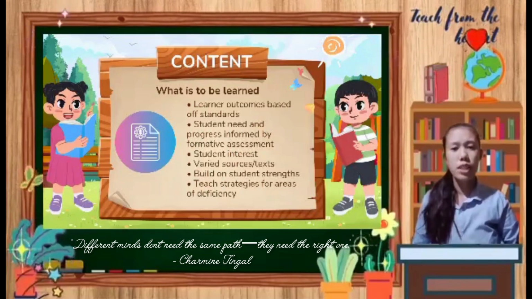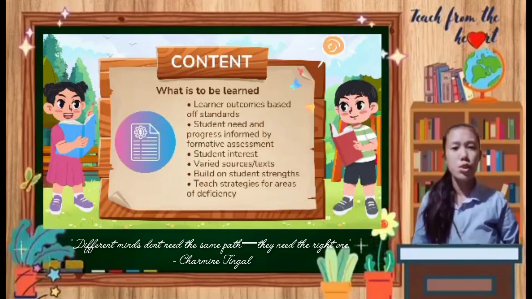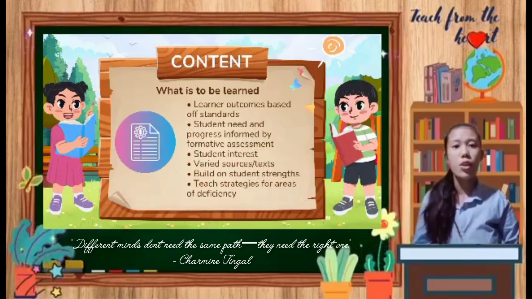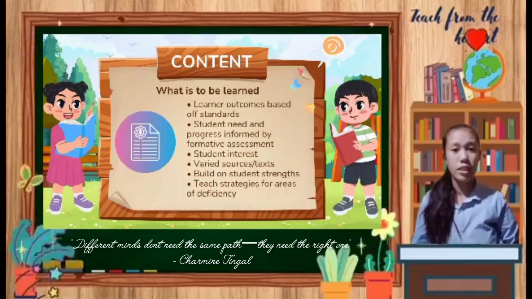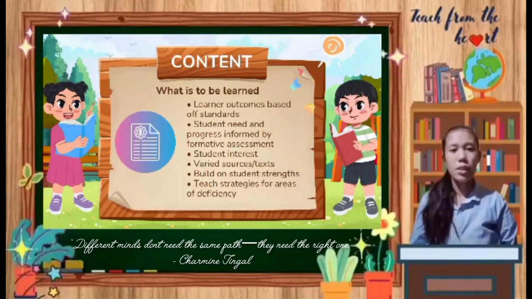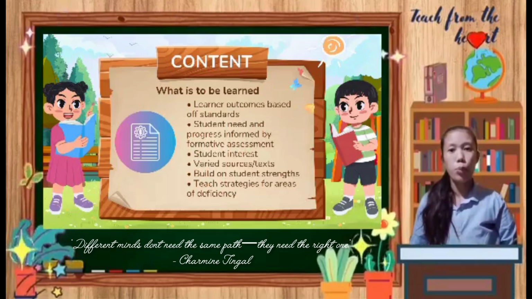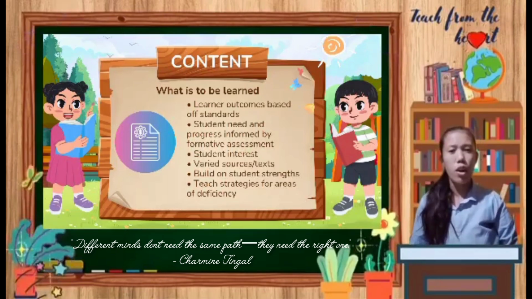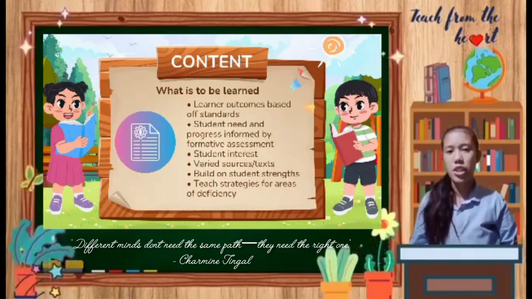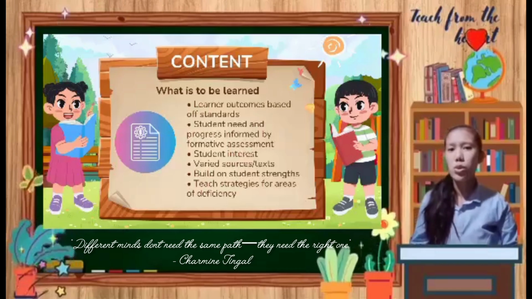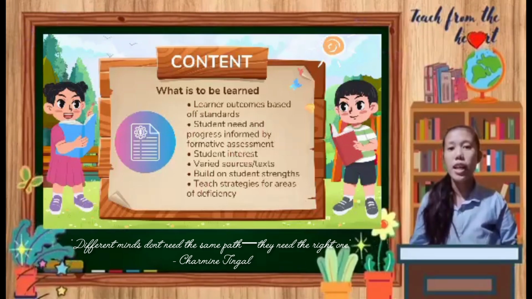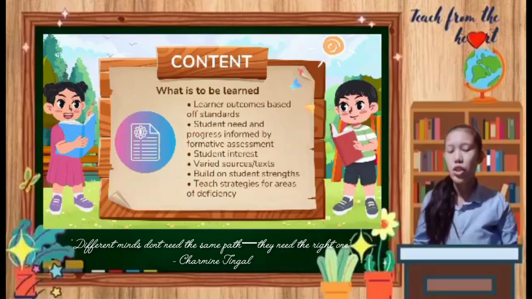To meet diverse learning styles, teachers use varied sources and texts rather than relying on a single textbook. They intentionally build on students' strengths to boost confidence and performance, while also explicitly teaching strategies in areas where students show deficiencies, helping close learning gaps in a supportive way.